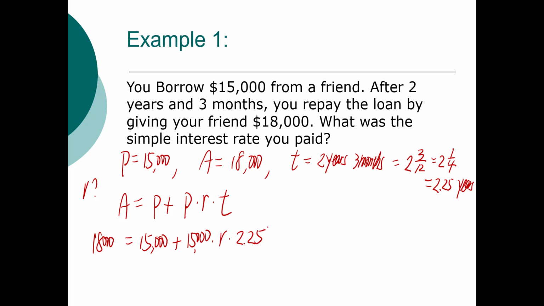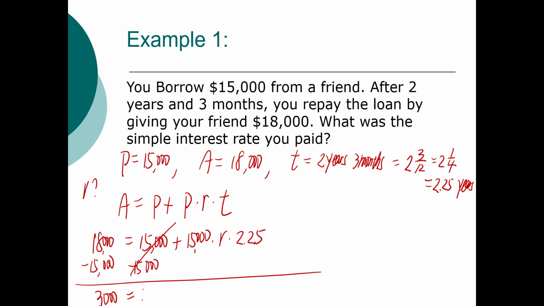All right, so we will solve for r. First of all, we subtract 15,000 on both sides of the equation. Cancel that, so we get 3,000 on the left. On the right is 15,000 times 2.25.